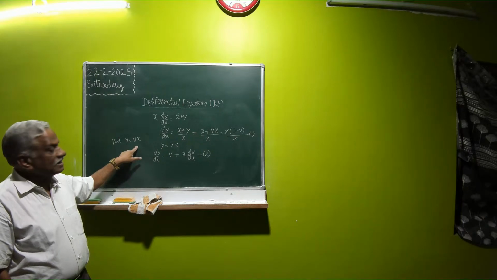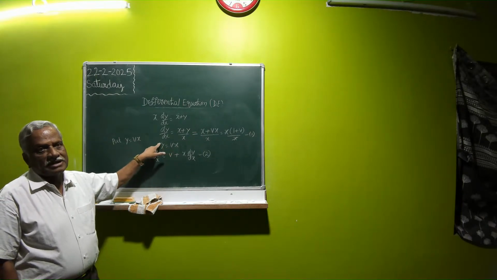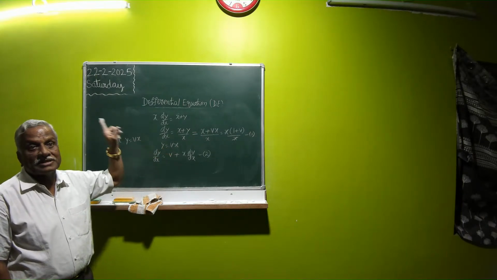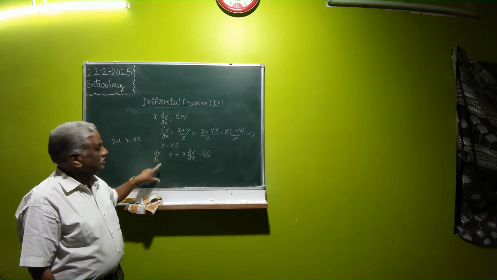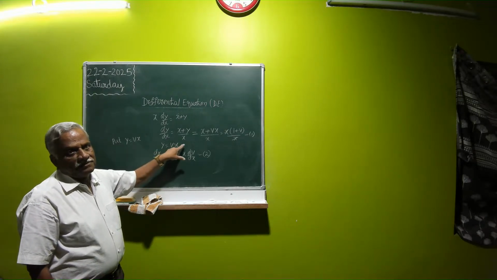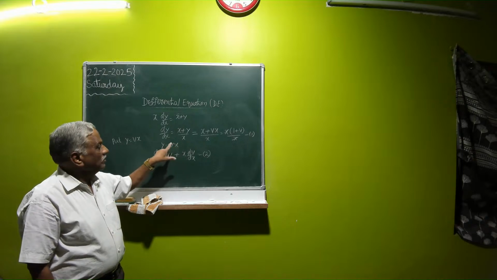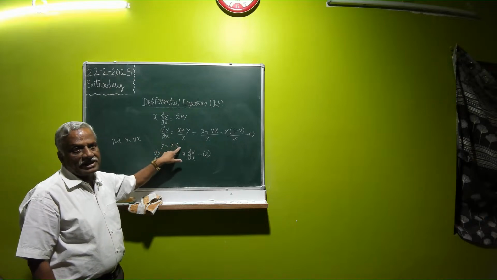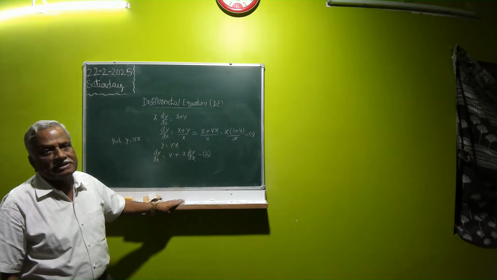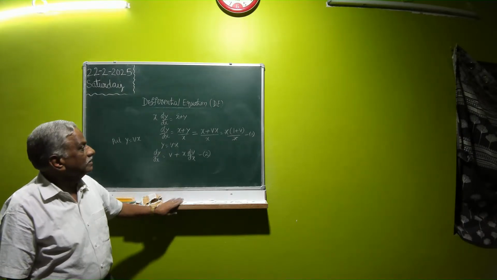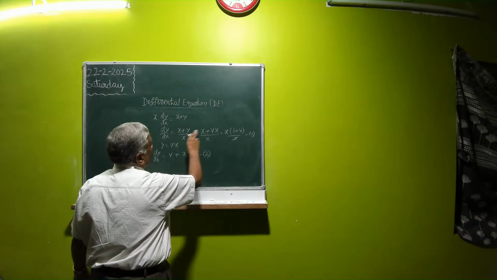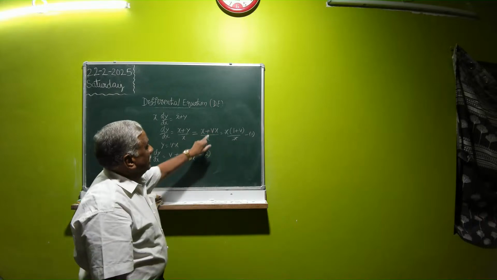Repeat what I have done. Substitution is y is equal to vx. We are differentiating y, dy by dx, with respect to x. That you should understand. Differentiating vx is product rule. We keep v as it is, differentiate x, I get 1. Keep x as it is and differentiate v, we get dv by dx. Now in place of y I am putting vx, I take x common.